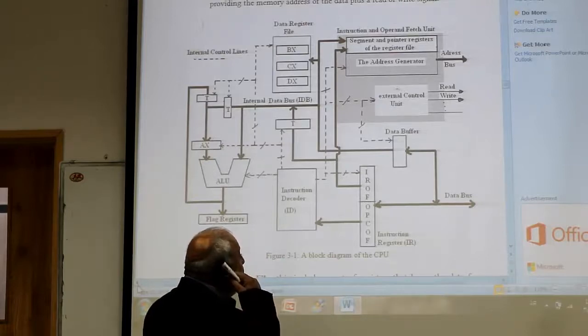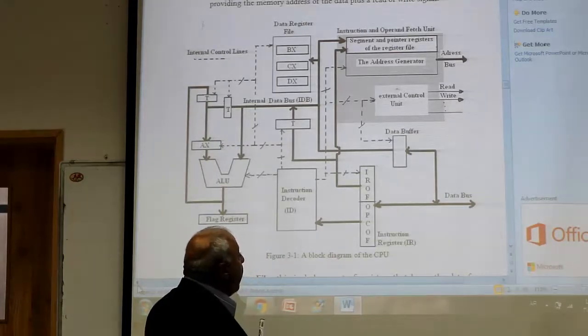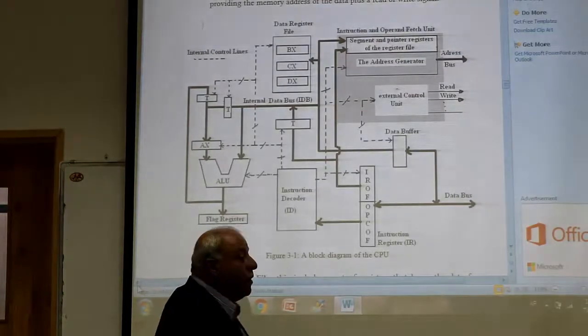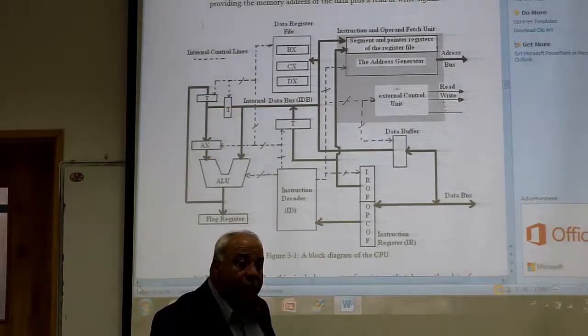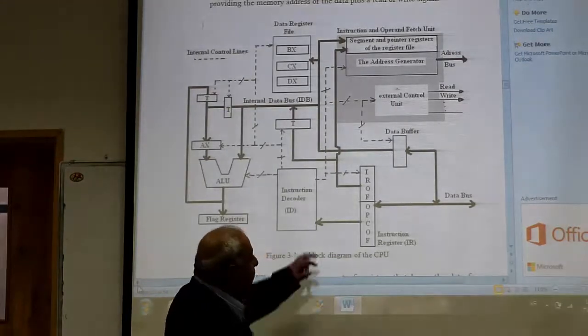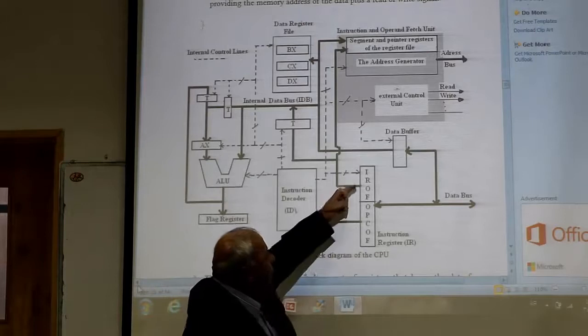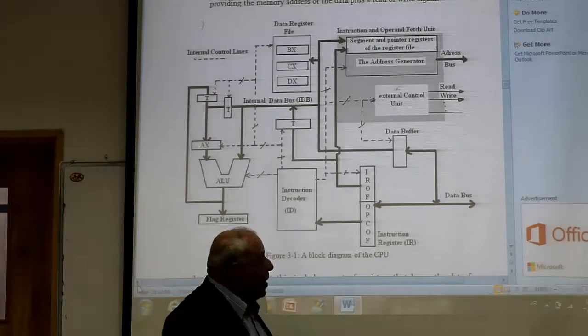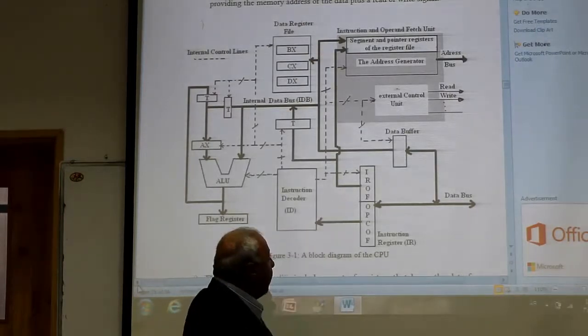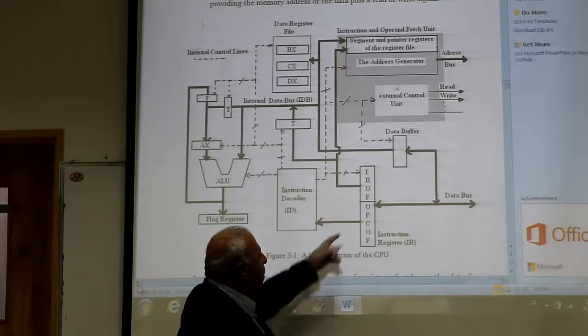And we have two fields, the opcode field and the operand field. Instruction register, operand field, IO, and opcode field.